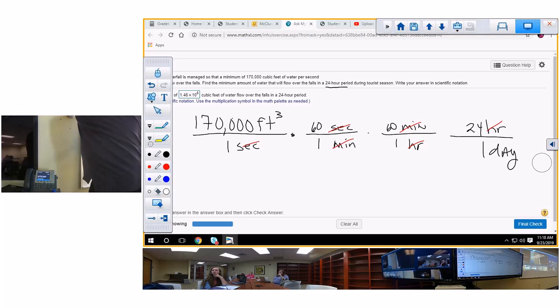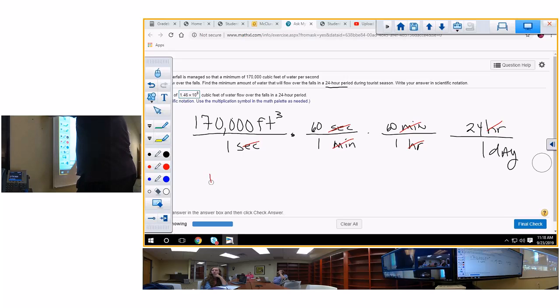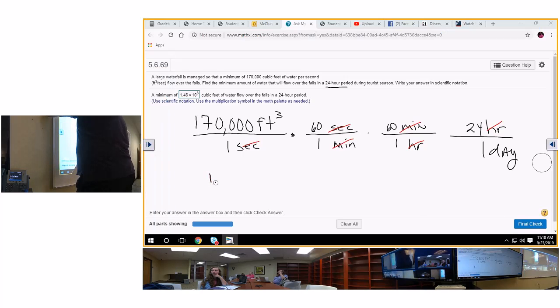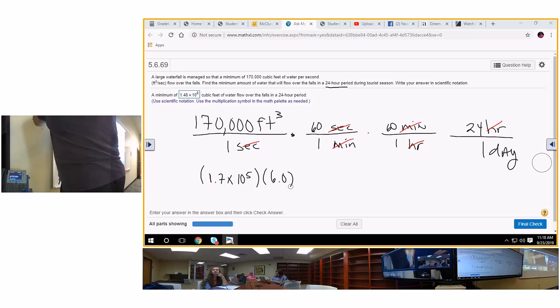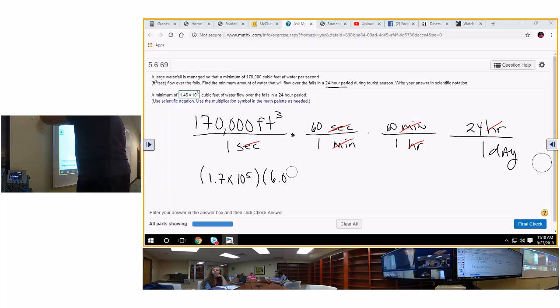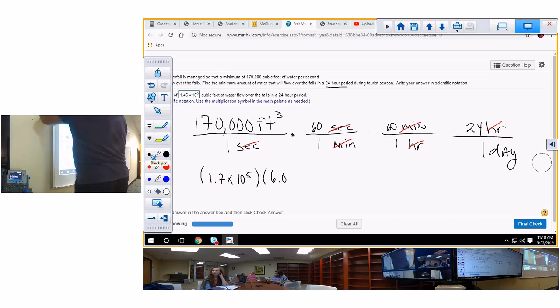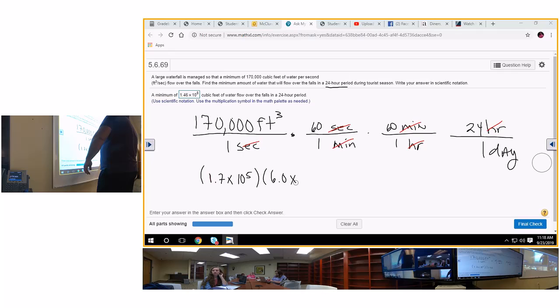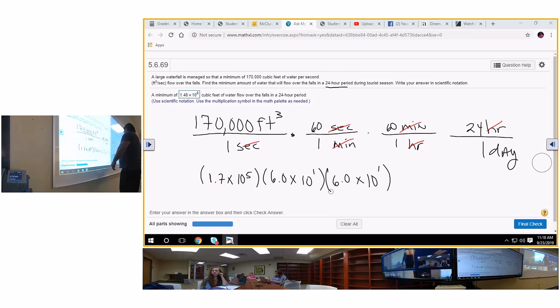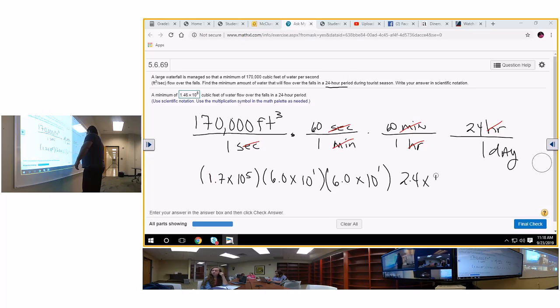And that's going to be 1.7 times 10 to the 5th times 6.0 times 10 to the 1st, 6.0 times 10 to the 1st, and 2.4 times 10 to the 1st.